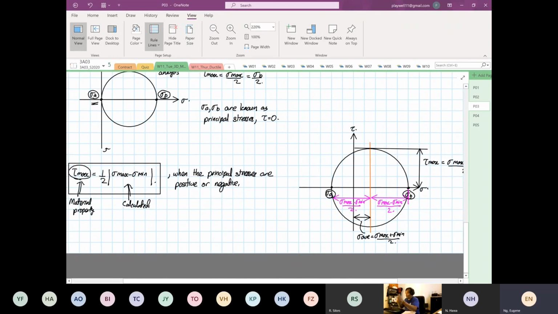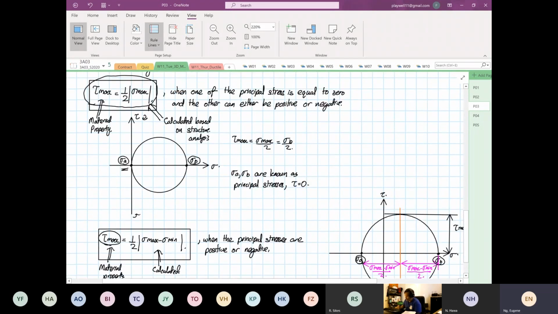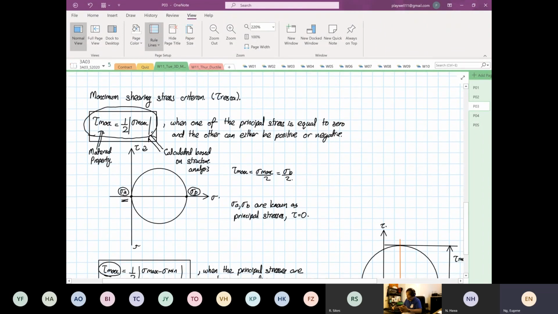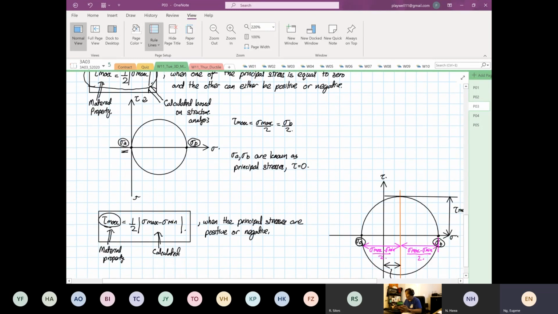For this case, at no place is the normal stress or the principal stress equal to 0. So you have to apply either one of the conditions. Which one to use yet, we don't know. We don't know whether to use the one where one of the principal stresses is equal to 0, or where you have a magnitude for both principal stresses. We have to find out.